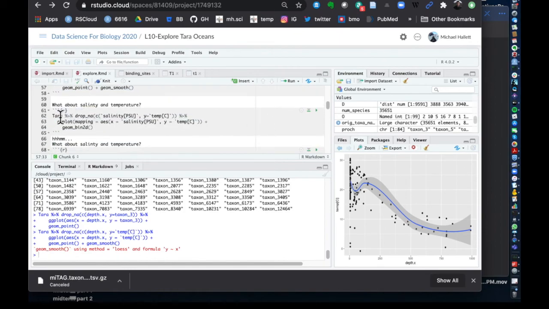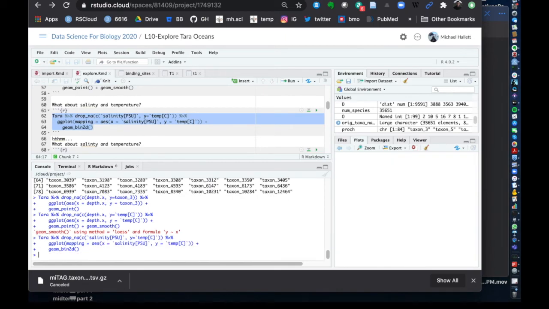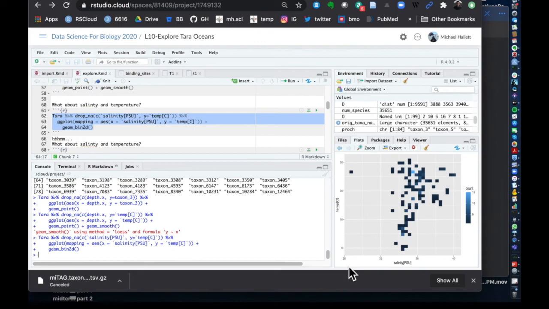What about salinity and temperature? What would you think? I would think that there's a pretty strong relationship. And here's a nice little thing called a 2D bin. Along this axis is the salinity measure, along this axis is the temperature.